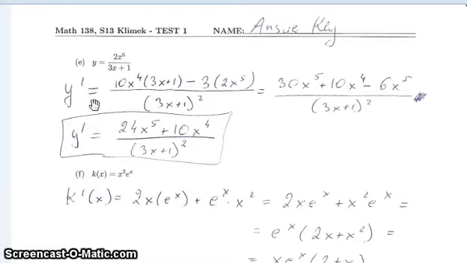So the derivative of y is going to be 10x to the fourth, because that's the derivative of the numerator, times the denominator, minus the derivative of the denominator, which is 3, times the numerator, 2x to the fifth, and you divide it by the old denominator squared. And then you simplify the numerator, so you distribute, you multiply, and you get 24x to the fifth plus 10x to the fourth over 3x plus 1 squared, and that's equal to the derivative of y.